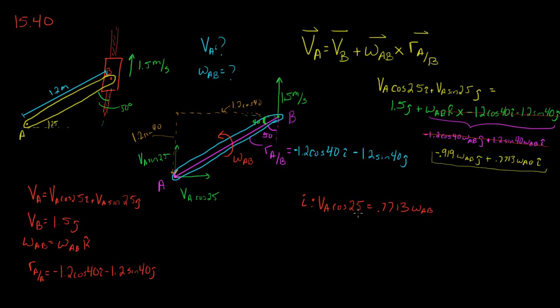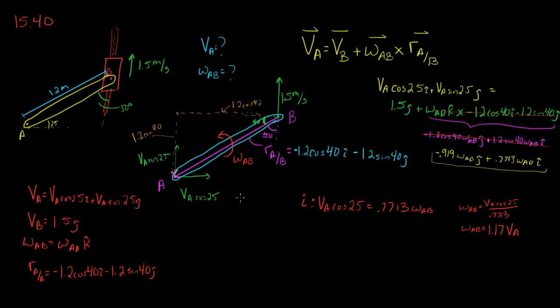We can solve this equation for omega, the angular velocity, and we have the angular velocity of AB is equal to VA times the cosine of 25 over 0.7713, and if we perform this calculation, it's equal to 1.17 VA.